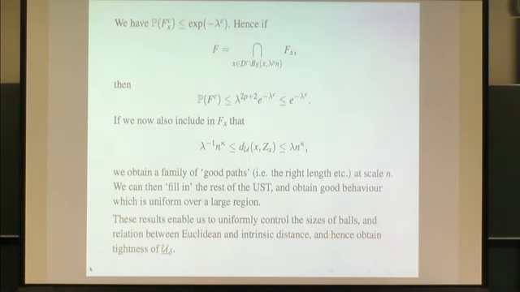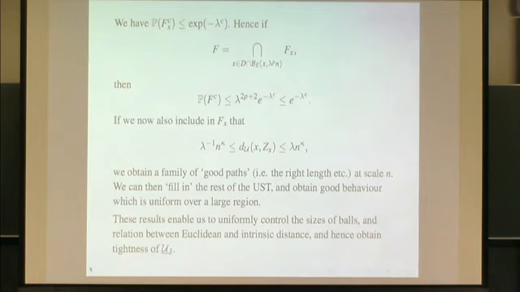So if we define this good event Fx, the probability of the complement of that is bounded by a stretched exponential. So we now look at the intersection of the Fx's, not over all x's in a ball, but just over x's in this discrete set with separation n over lambda.